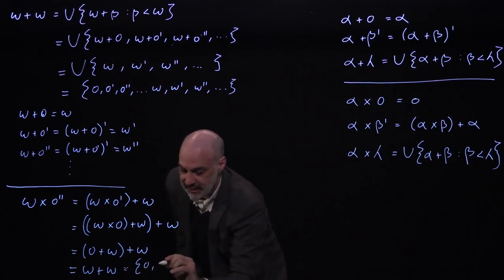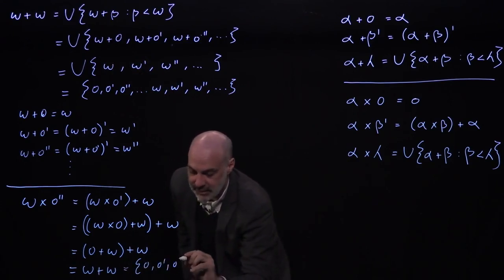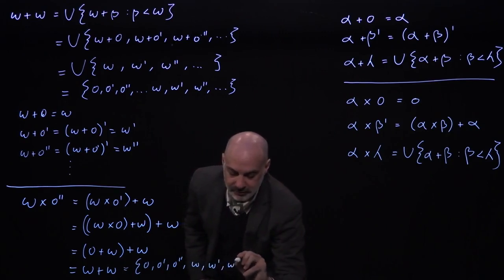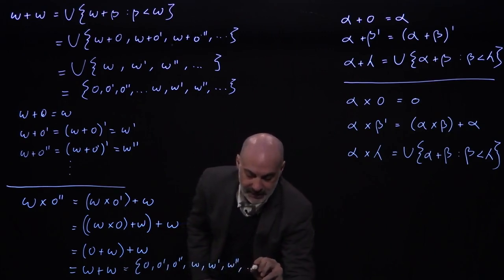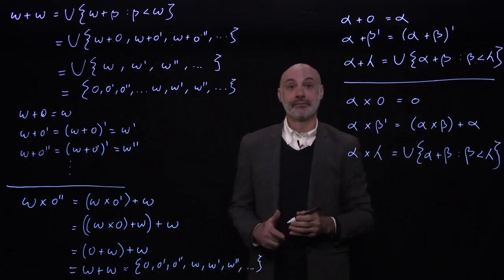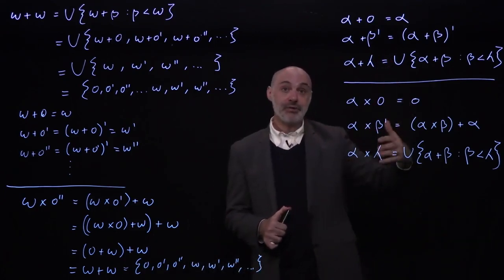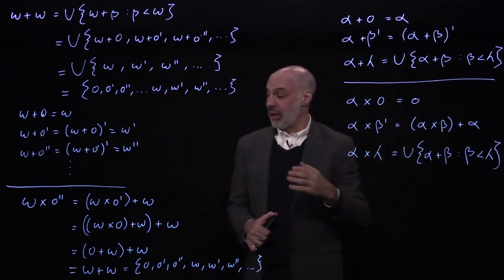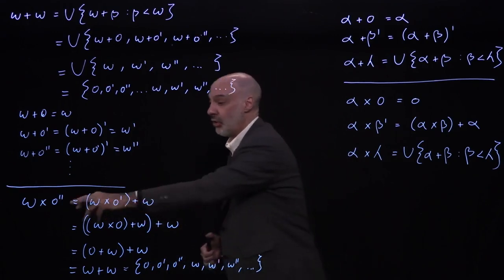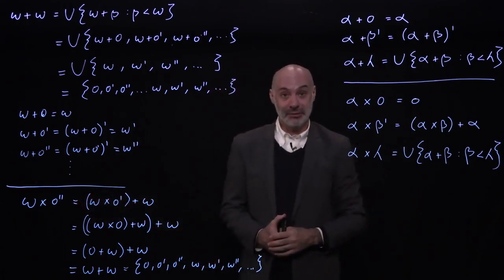It's just the set of finite ordinals plus omega plus the result of adding finitely many primes to omega. So by combining the two definitions, we've now managed to derive the contents of omega times 2.